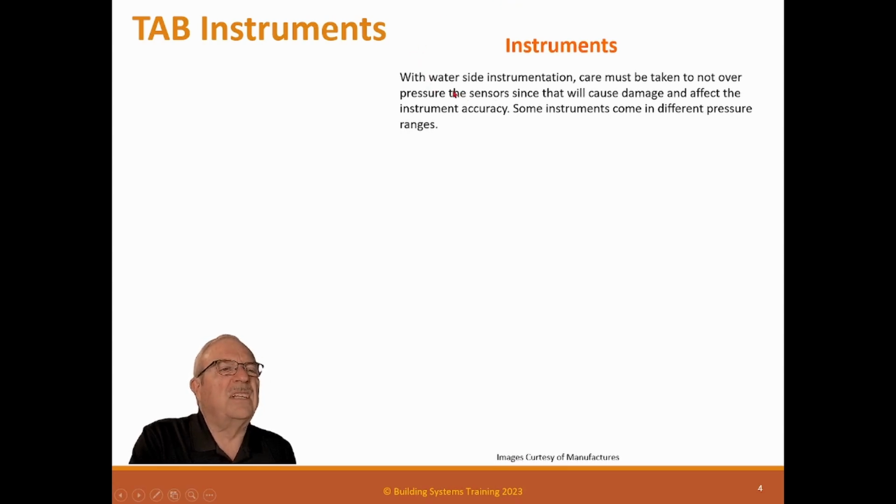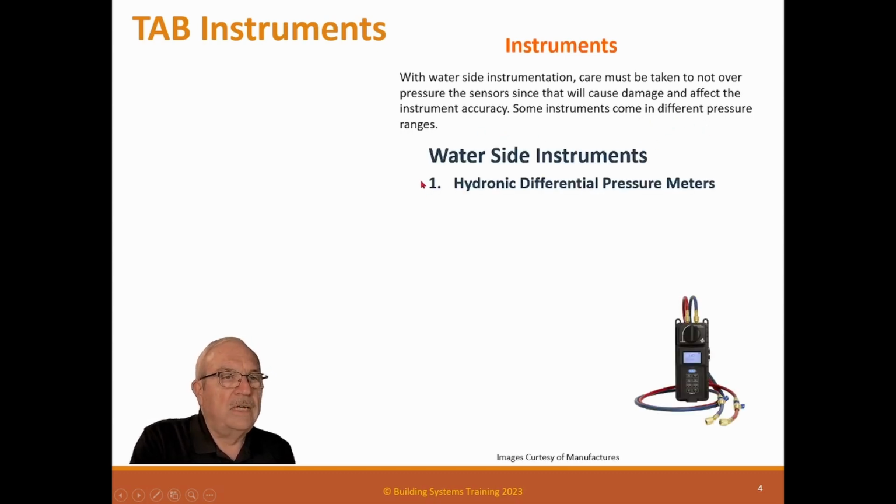With waterside instrumentation, care must be taken not to overpressurize the sensor. Air sensors are the same, but water is much more susceptible to damaging the sensor by overpressurizing it, which affects the instrument accuracy. Some instruments come in different pressure ranges depending on what you're doing. Waterside instruments include hydronic differential pressure meters, which are electronic.